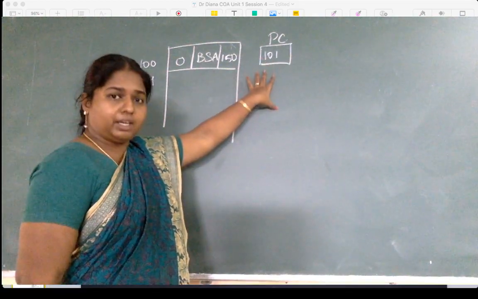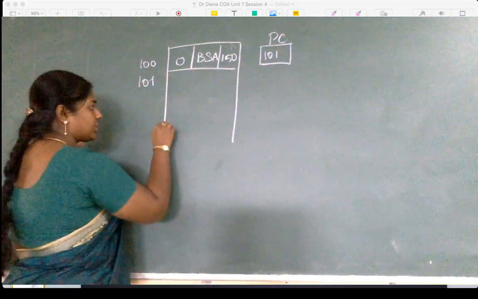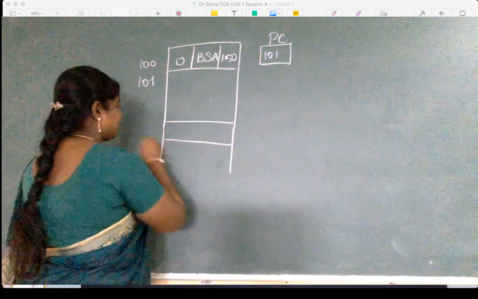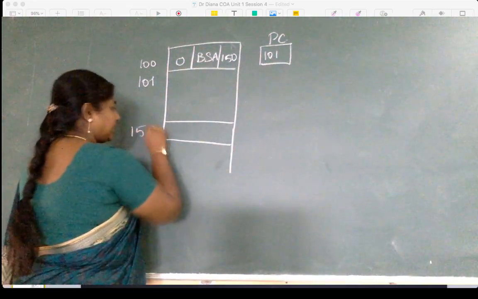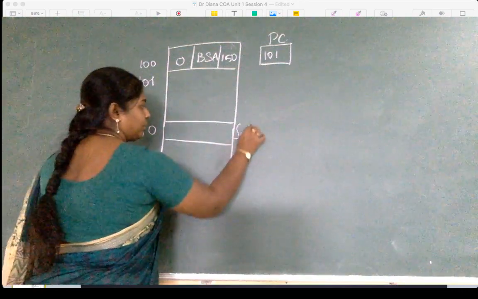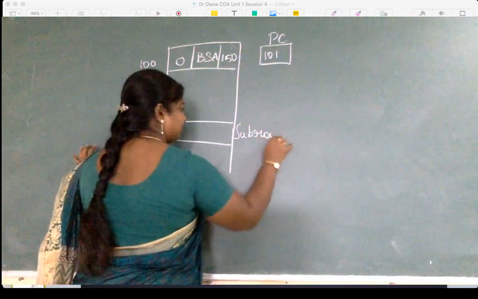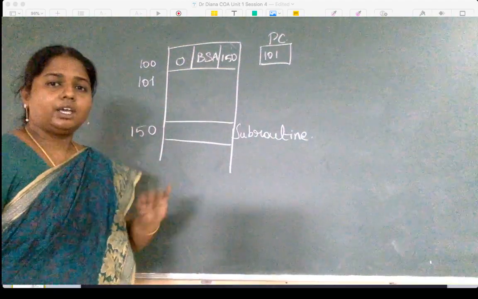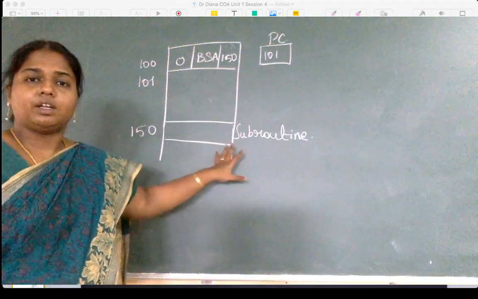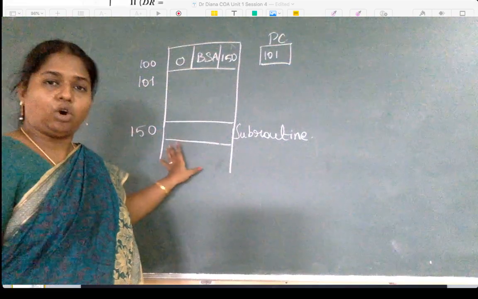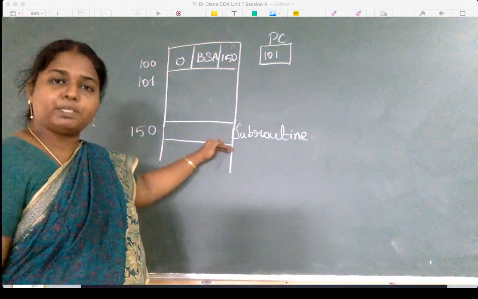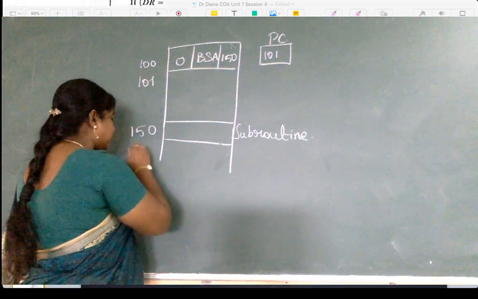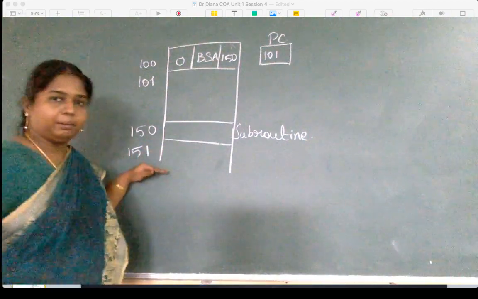With this in mind, I have a subroutine which is placed at memory location 150. So at 150, I start my subroutine. In assembly programming, the first location of any subroutine is purposefully left vacant, and the subroutine begins at the next memory location.